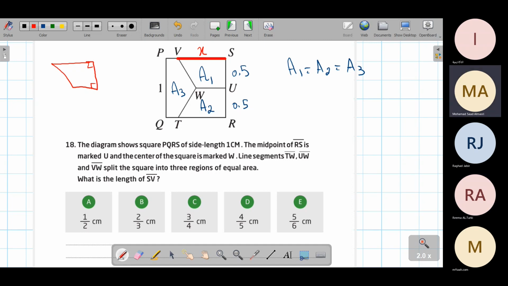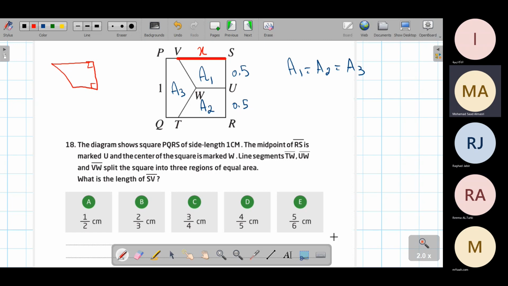Do you know the definition of a trapezoid? A trapezoid has two parallel sides and two non-parallel sides. This property is specific to the trapezoid, because the square, the rhombus, the rectangle, the parallelogram, all the quadrilaterals have opposite sides parallel and equal. This is not the case of the trapezoid.